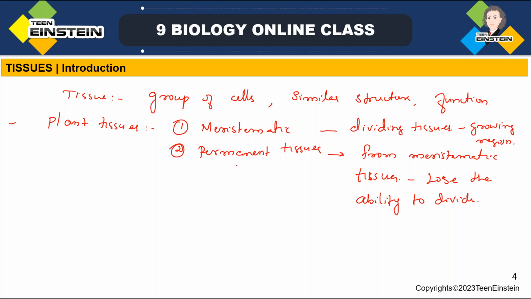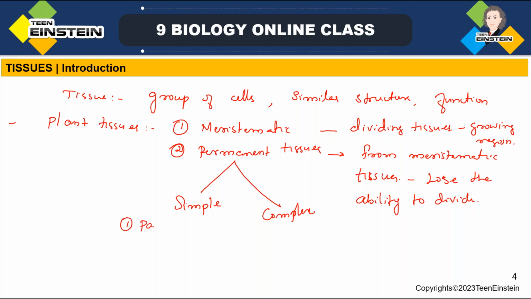These permanent tissues are classified into two: simple permanent tissue and complex permanent tissue.